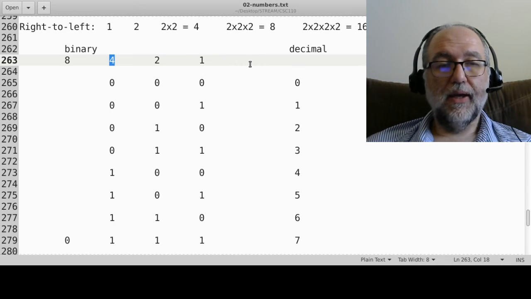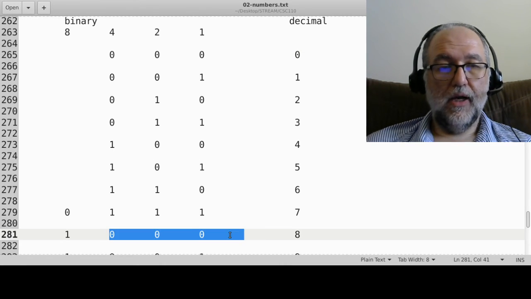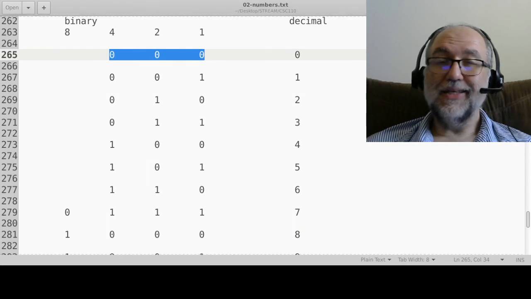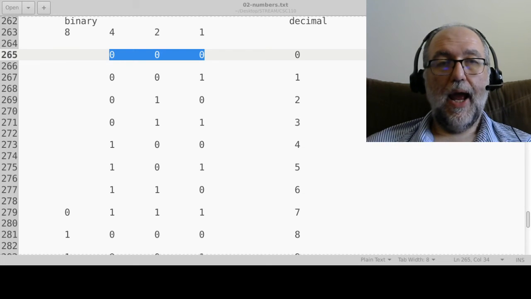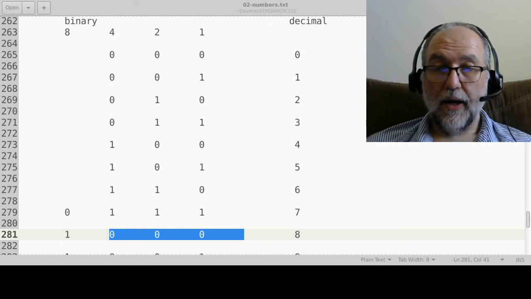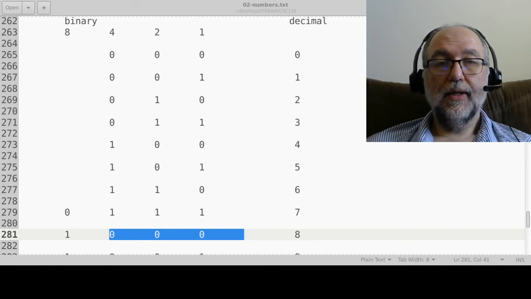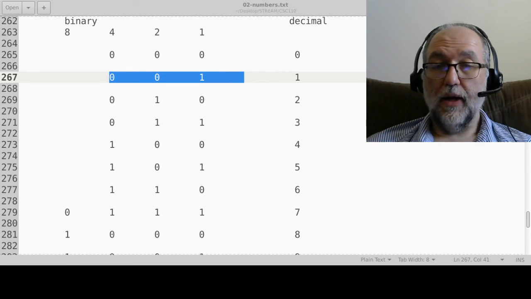Now, it's really interesting because if you take a look at this number here, 0, 0, 0, 0, okay? And you take a look at 8 down here. This one is a 0 in the eighths column, followed by 0, 0, 0 in the 4, 2, and 1 columns. And this one is 1 followed by 0, 0, 0. The next number is a 0 in the eighths column, followed by 0, 0, 1.